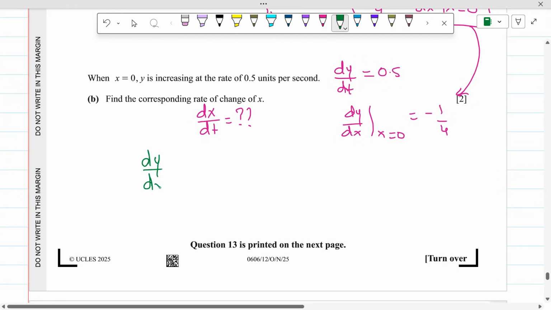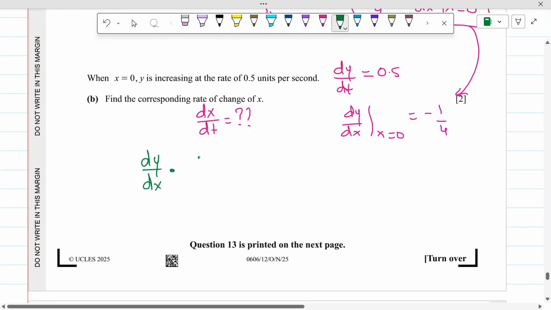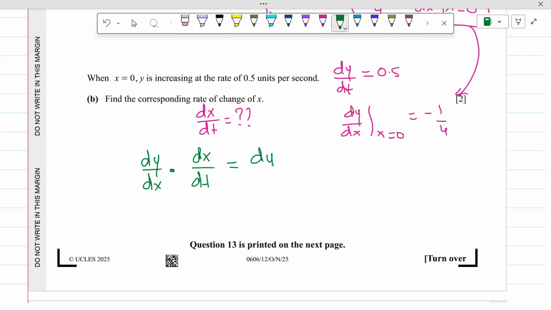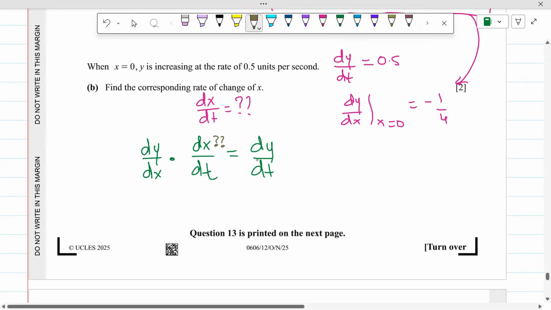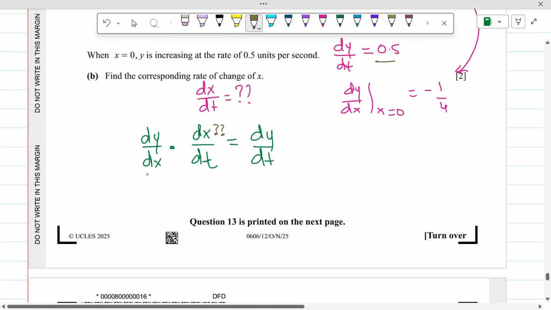over dx, when we multiply by dx in the numerator and divide by dt, this one will cancel out and we will have dy over dt. This is the chain rule. We need to find this value, and dy over dt is given, which is 0.5, and dy over dx at x equal to 0 is already given.